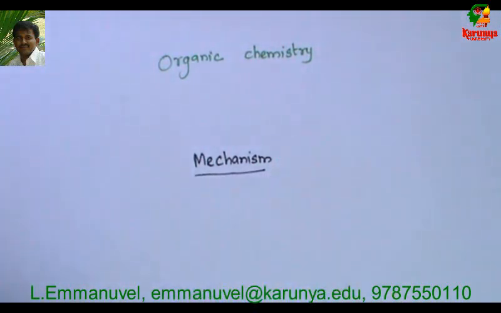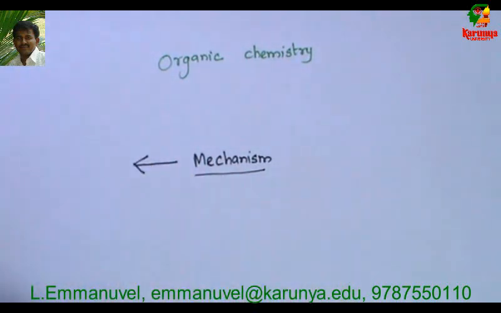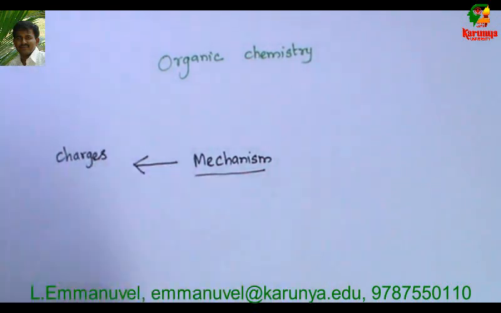There are several classifications for organic reactions like SN1, SN2, E1, E2, SNAr, benzene. But I classify the organic reactions into two categories based on the mechanism. The first one, the reactions that involve charges.